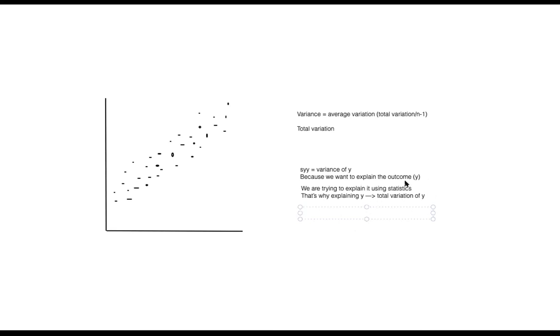That's the same thing as saying, how well does your x variable explain the total variation in your dependent variable? How well does your model, which contains a single x variable, explain y? We'll be determining this in terms of total variation. How much of the total variation in y is your model or your x variable able to explain?